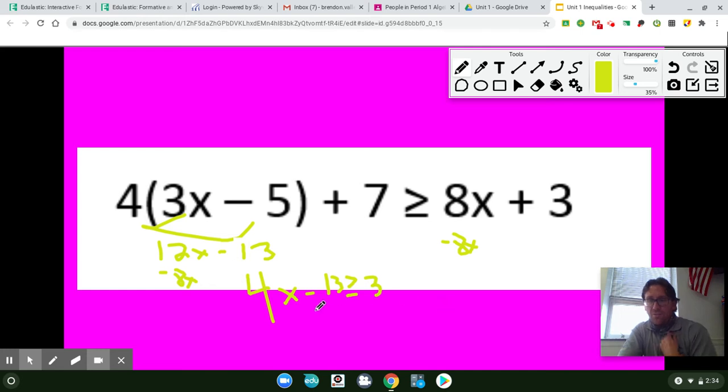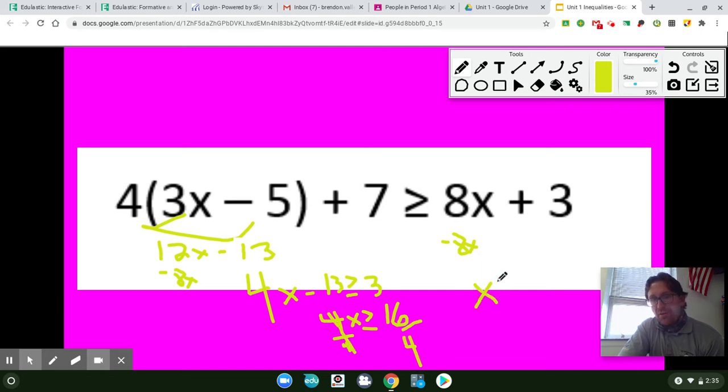We're going to add 13 to both sides. That gives me 16. So that's 4x greater than or equal to 16. And then we divide both sides by 4. And we get x is greater than or equal to 4.